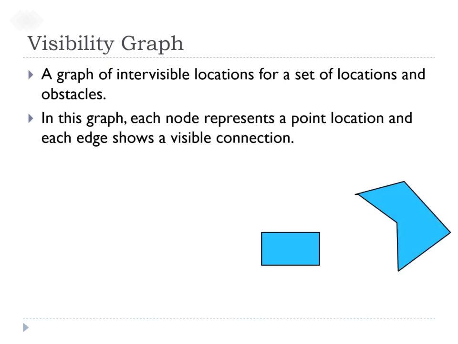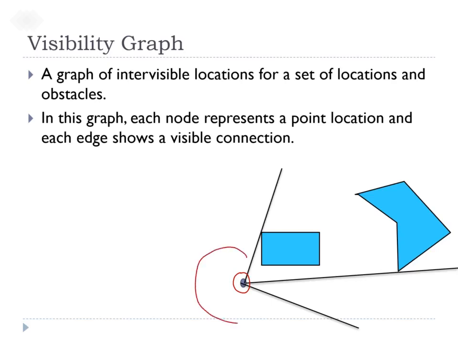Consider here an environment having these two obstacles shown here. If a robot is standing at this position, you can see that it can view or have visibility in all the directions except possibly some of the directions which are obstructed by these two obstacles.